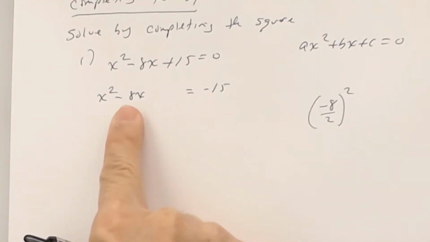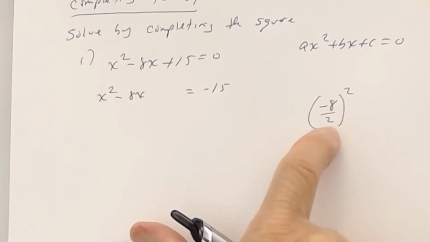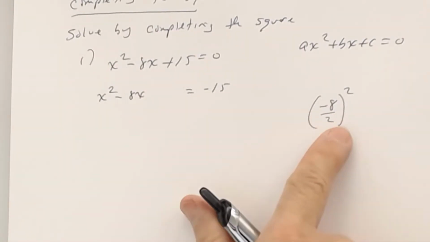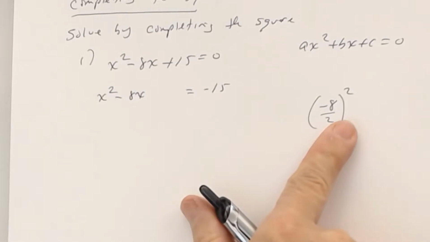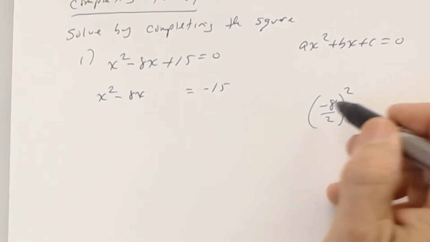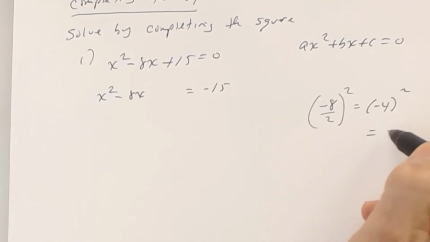I take the coefficient of x, which is negative 8. You're always going to divide by 2, no matter what that number is, and then whatever that is, you square it. So what's negative 8 divided by 2? And if I square it, I get 16.